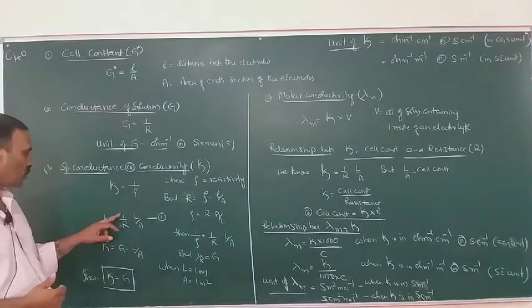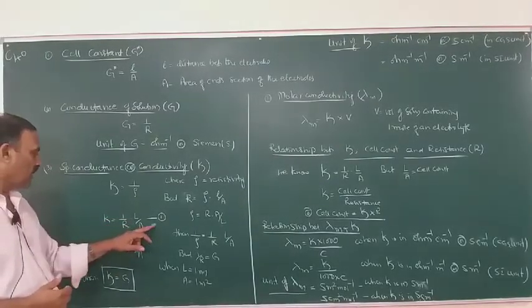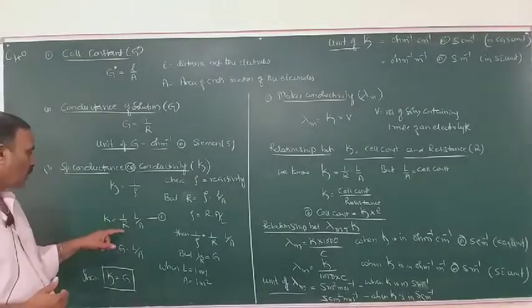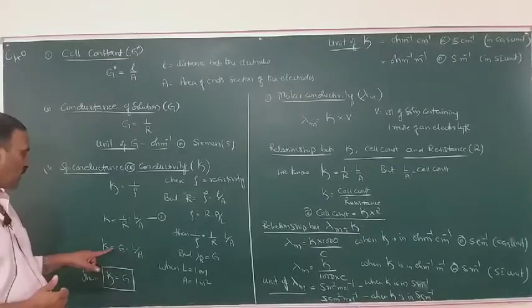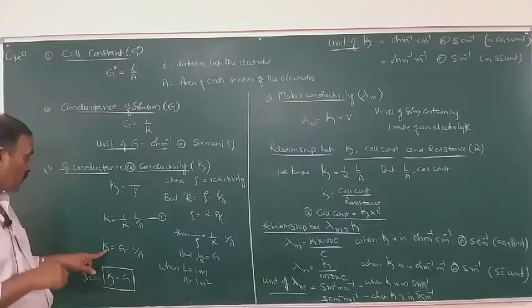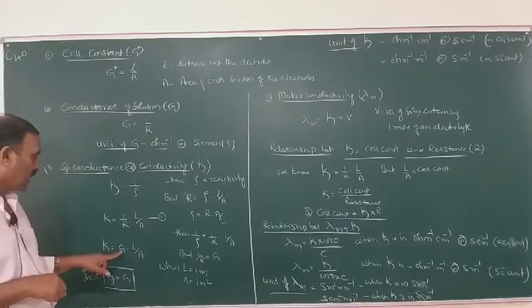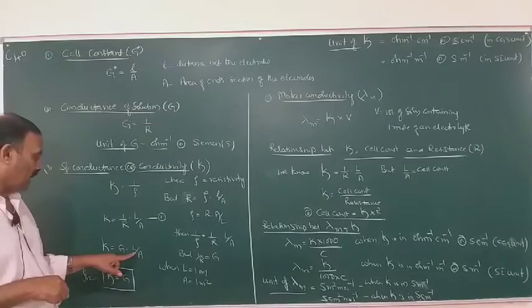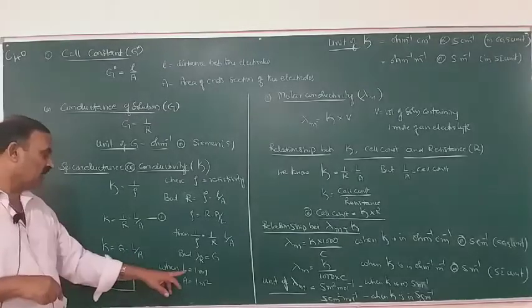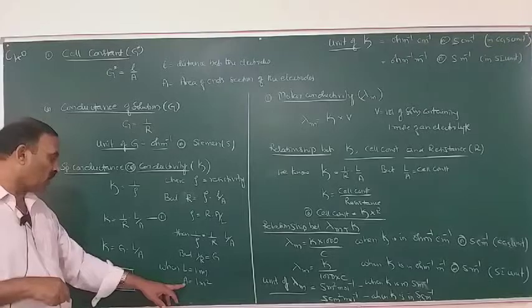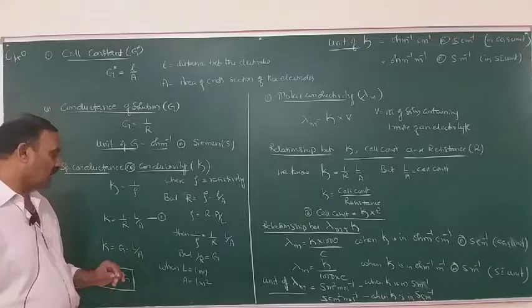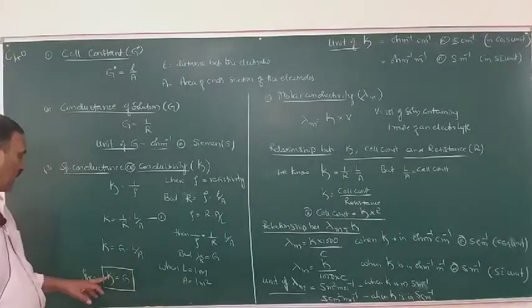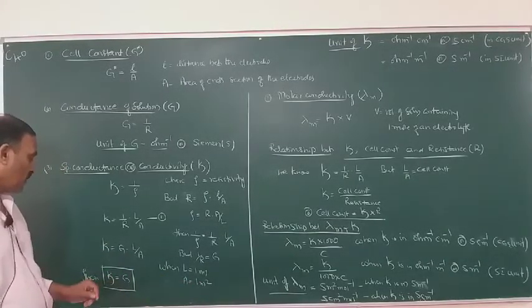Specific conductance is equal to 1 over R into L by A. Here 1 over R is called conductance and it is represented as G. Therefore, specific conductance, or conductivity, is equal to conductance into L by A. When L is equal to 1 meter and area of cross section of the electrode is equal to 1 meter square, then kappa is equal to G. What is the meaning of this?